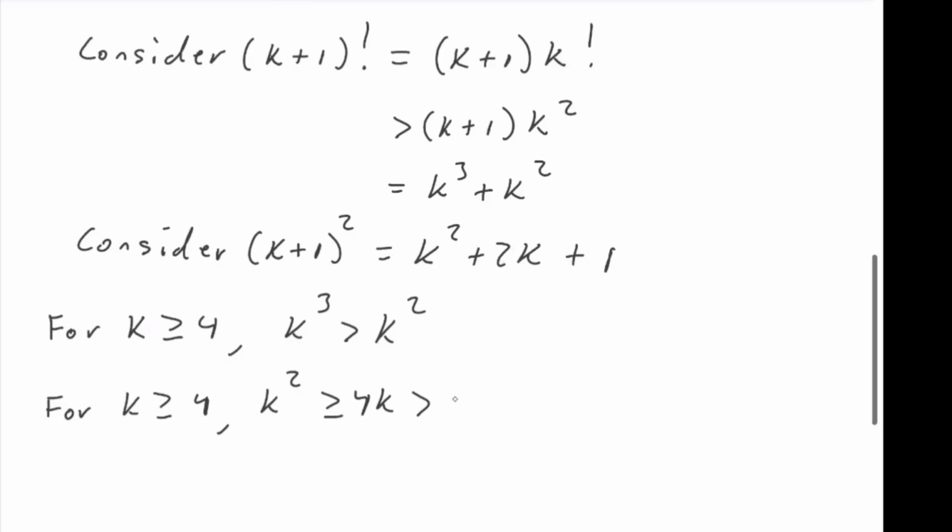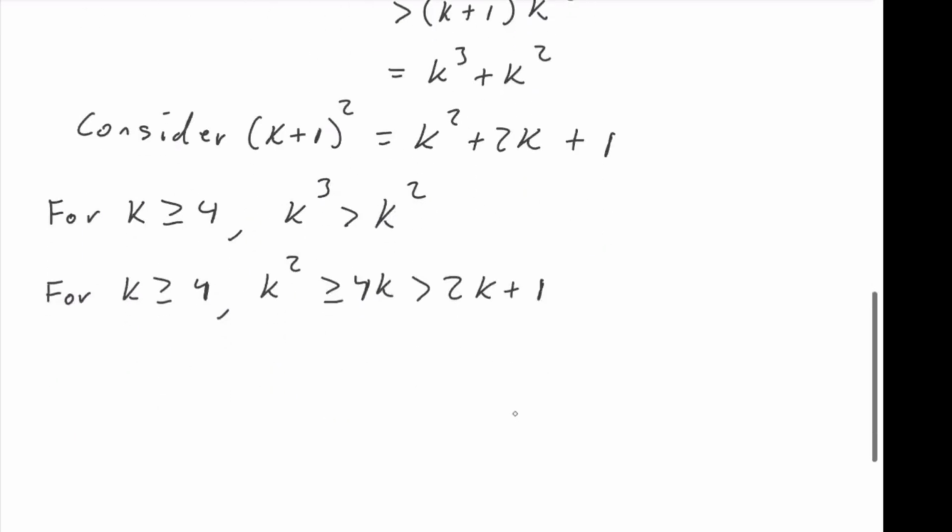But we know 4k is going to be bigger than 2k plus 1 for k bigger than or equal to 4. Because if you were to plug in 4 here, this is 16. And if you were to plug in 4 in here, that would be 2 times 4, which is 8, plus 1, which is 9. And 16 is definitely bigger than 9. And that would go for 5 and so on, right?